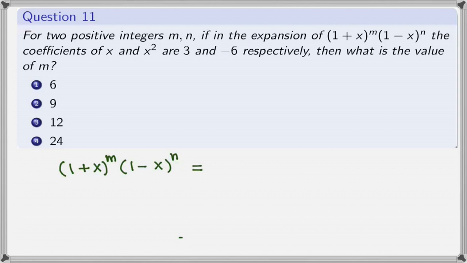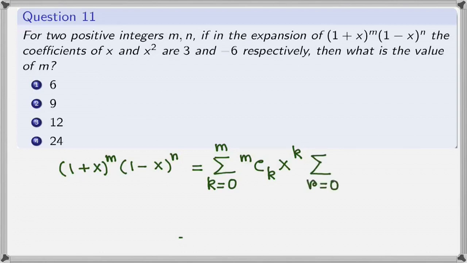This is equal to summation over k, k runs from 0 up to m, mCk into x to the power k, into sum over r, r runs from 0 up to n, nCr into (minus 1) to the power r into x to the power r.